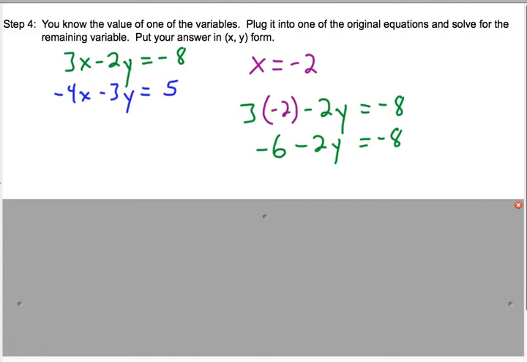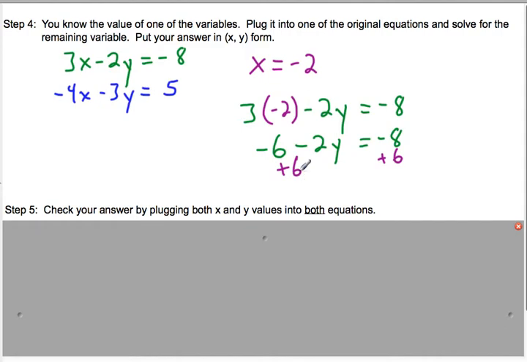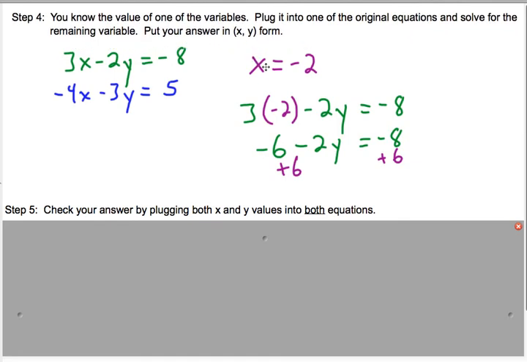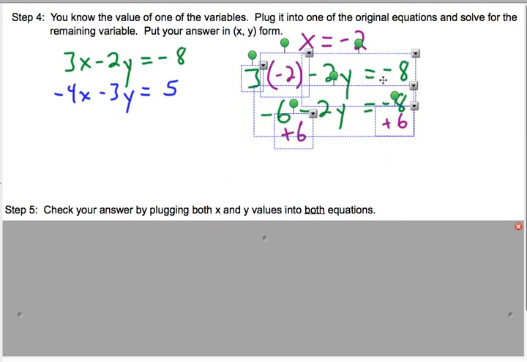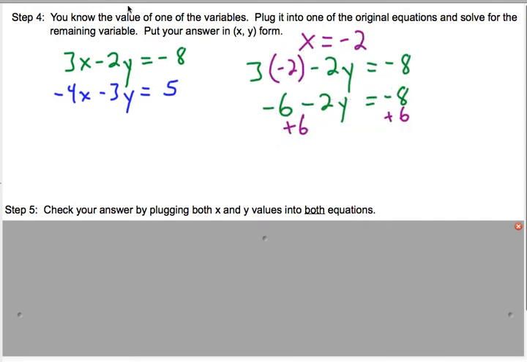Now I can add 6 to both sides, and I end up with -2y equals -2.